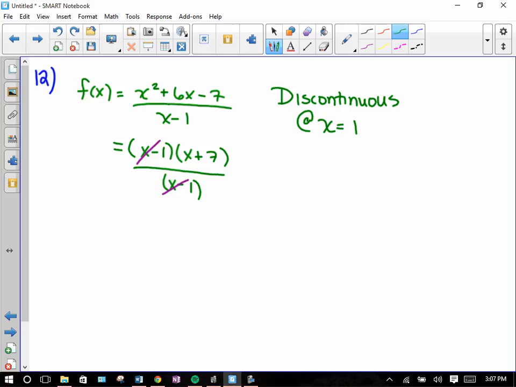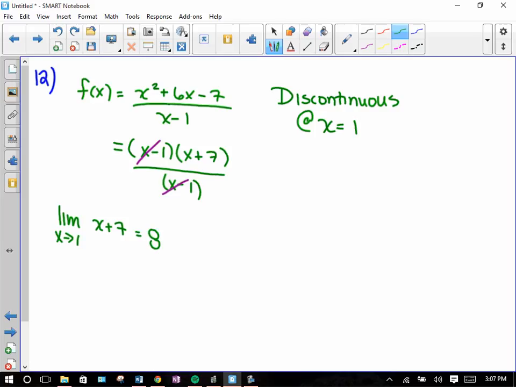So what I need to do now is write the extended function. In order to find the extended function, I need to figure out what y value that function is approaching. So essentially, I'm just finding the limit as x approaches 1 of what I'm left with, x plus 7. Well, I just plug that in, that equals 8.